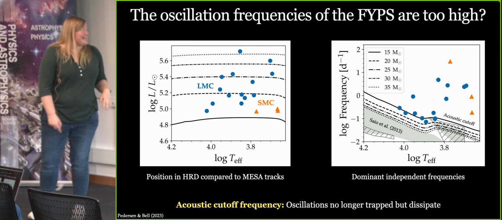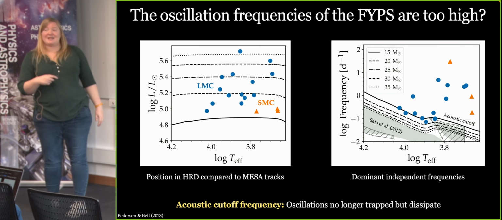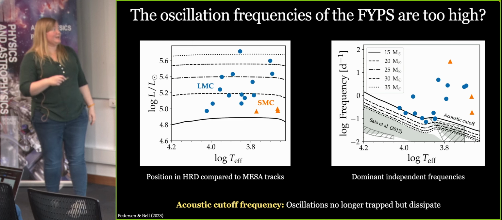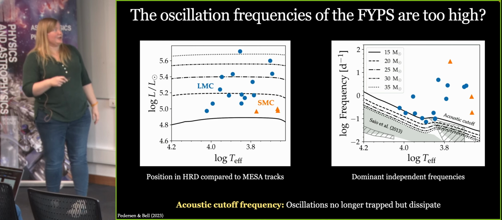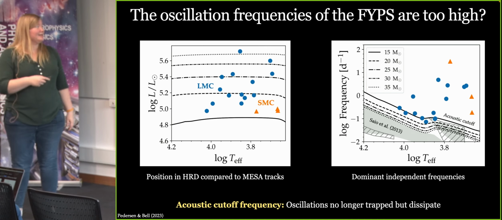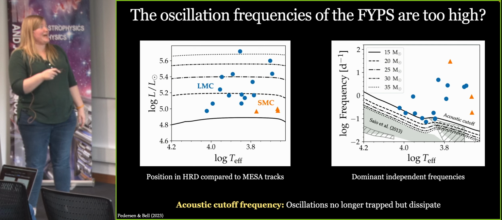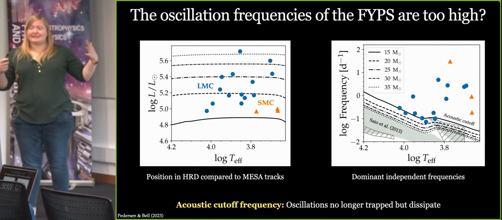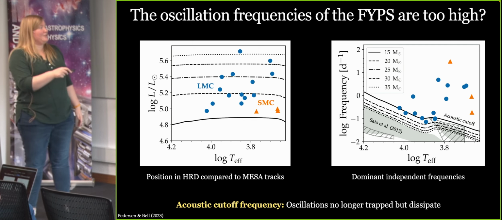So if you're looking here on the right, we have an HR diagram showing different lines. There's a sample for the LMC and SMC for these fast yellow pulsating supergiants. The lines are evolutionary tracks for different initial stellar masses, where we go from about 15 to 35 solar masses.